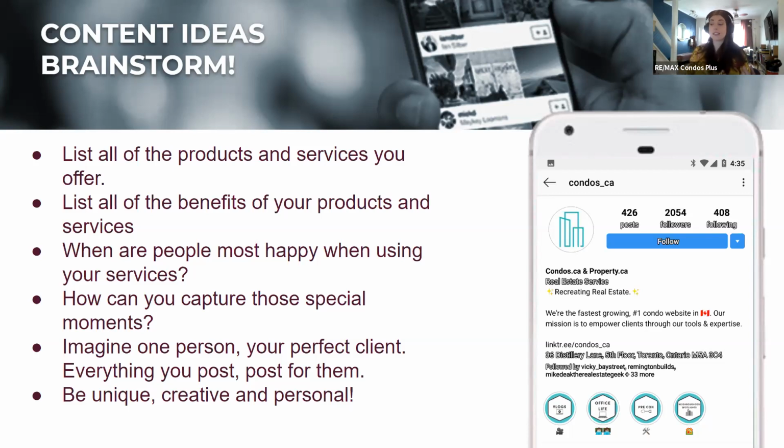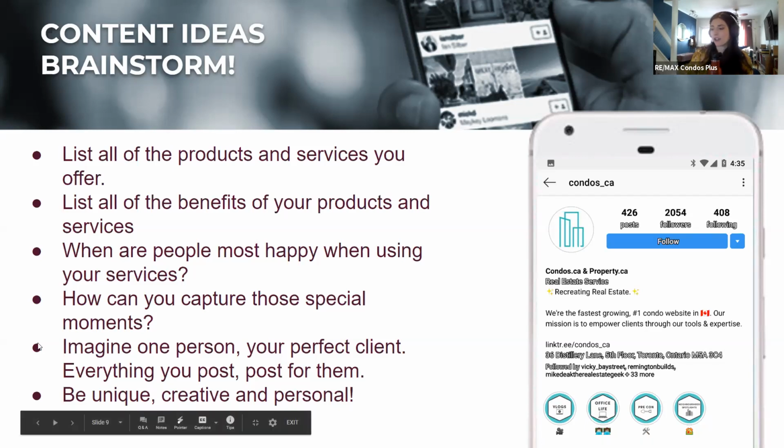Or maybe you deal with sellers, older clients looking to downsize. Maybe they're not necessarily on Instagram, but you'll start to have content geared towards them. Renovation stuff, architecture stuff. I have a little note that says, be unique, creative, and personal. That's easy to say, but hard to do.